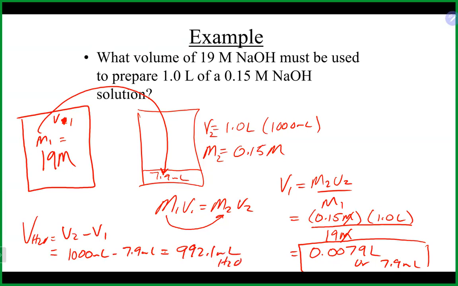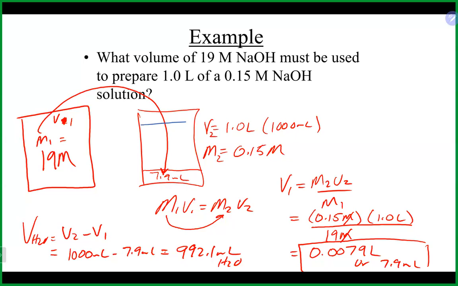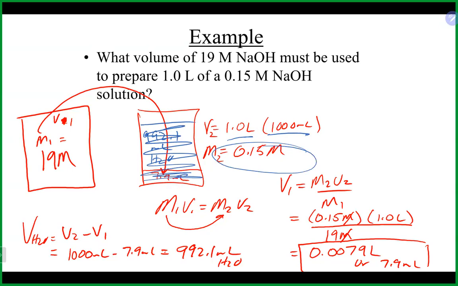So after I would put my 7.9 milliliters of the more concentrated solution in there, I would top it off with 992.1 milliliters of water. At that point, I will have a total volume of 1,000 milliliters or 1 liter. And afterwards, I would mix it up. And that solution then should have a molarity of 0.15 molar.